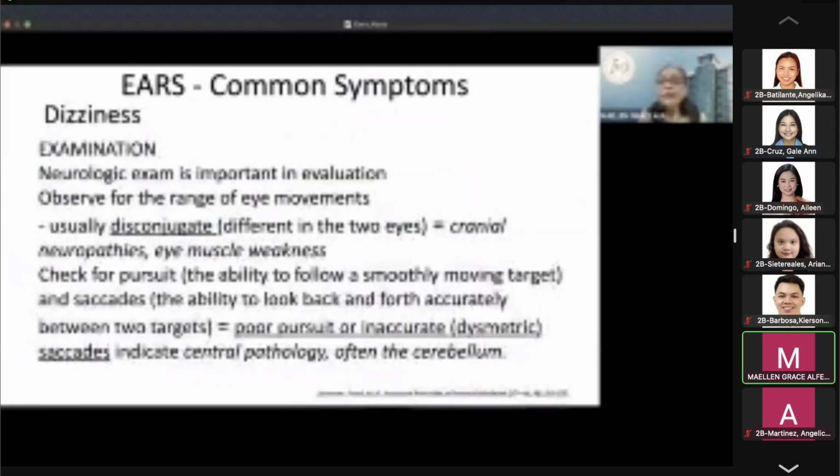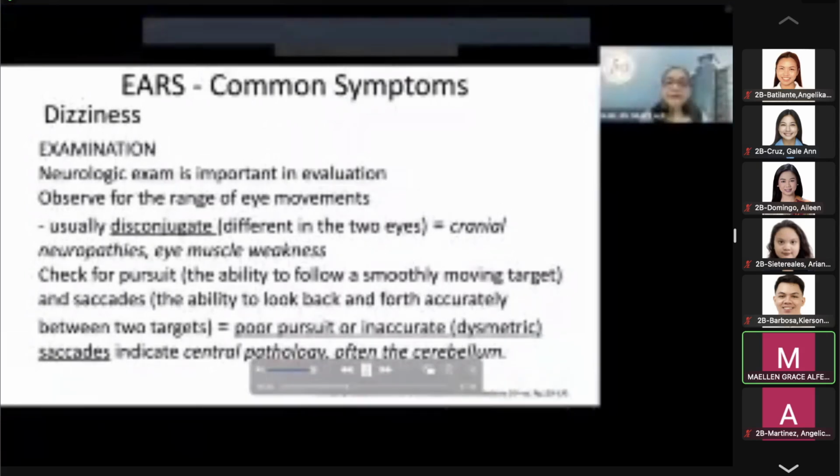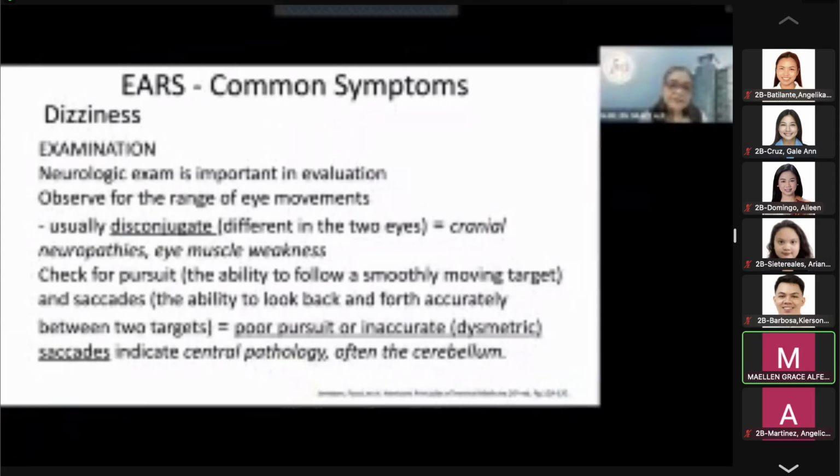Now, further examination of dizziness would include a thorough neurologic examination. You also have to observe the range of eye movements as discussed in the examination of the eyes. Usually, dizziness can be assessed through the eye movements. If you see a disconjugate gaze, meaning there is a difference in the eye movement of the two eyes, then it's probably a cranial neuropathy or an eye muscle weakness.